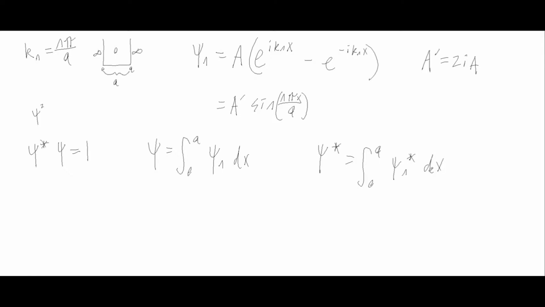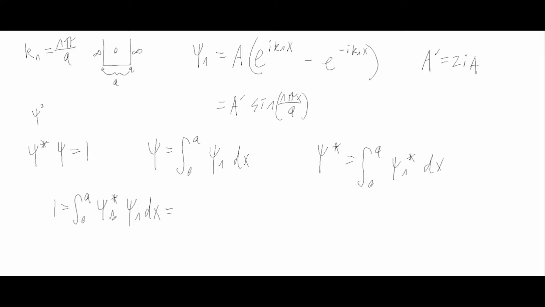Since we can express these two things like this, we can write 1 equals the integral from 0 to a of the complex conjugate of psi n times psi n dx.